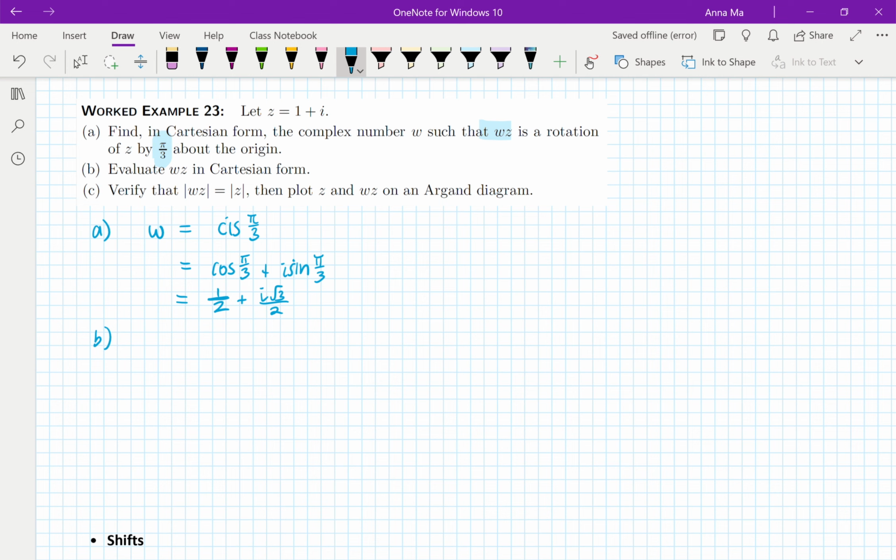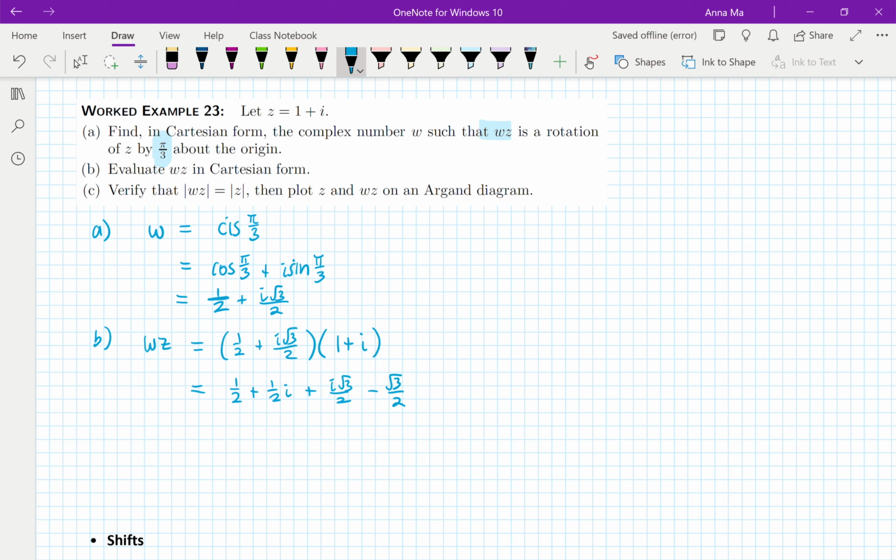B, evaluate wz in Cartesian form. Oh, there's going to be a bit of multiplication to do. So wz, literally the coordinates for w multiplied by the coordinates for z. i times i, so it's negative root 3 on 2.